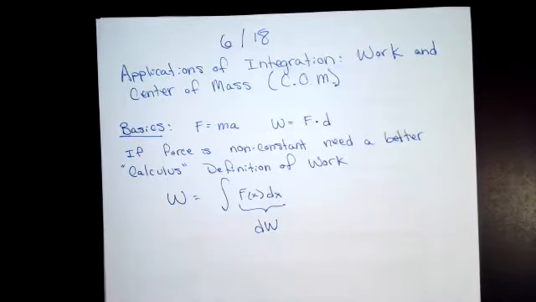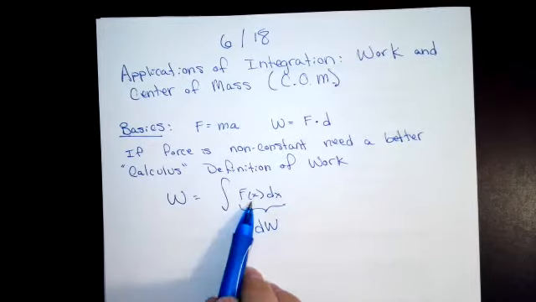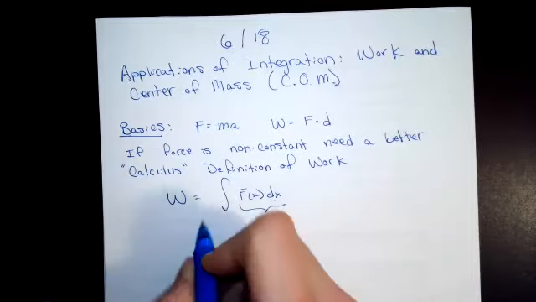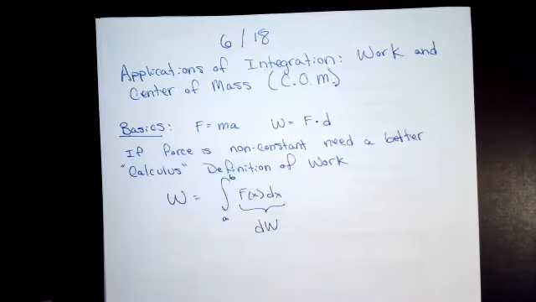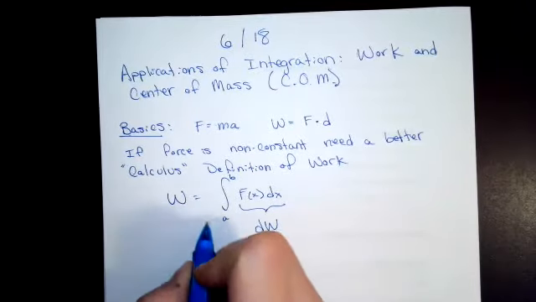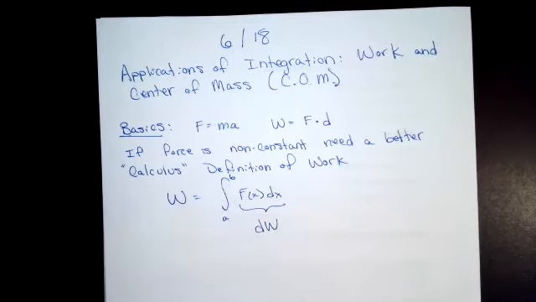It's the infinitesimal amount of work we're doing when my force at a given position x is changed by a small incremental amount, dx. And then, of course, we will have definite bounds of where we are specifically changing it. So this is changing from a point x equals a to x equals b is our total distance we've changed.